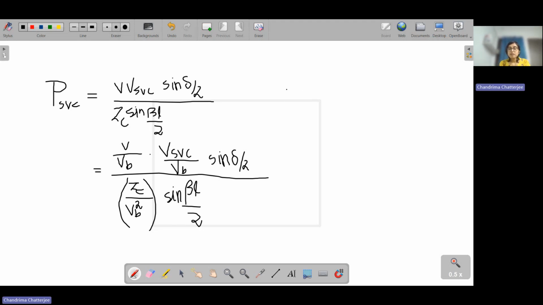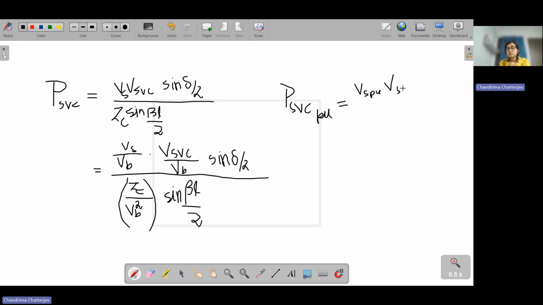So what will be the per unit power? PSVC per unit is equal to this. Suppose this is sending end voltage, PS per unit. We just converted everything in per unit.